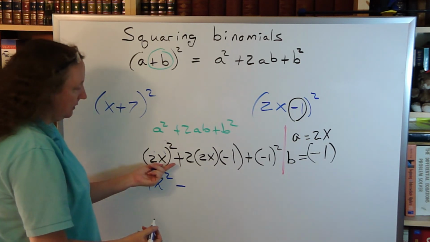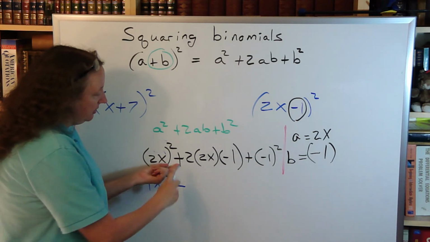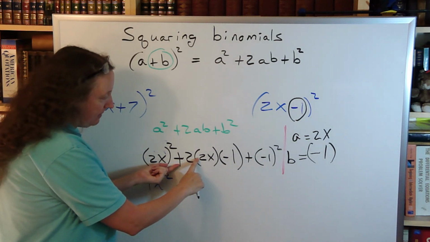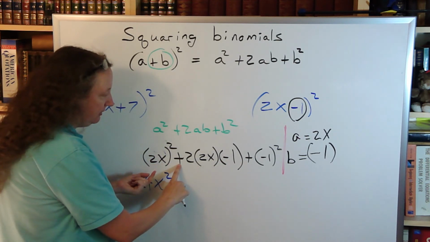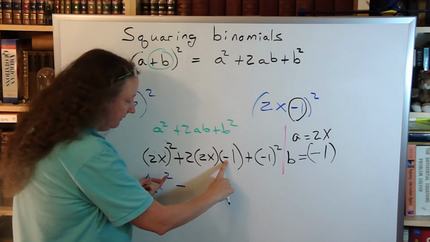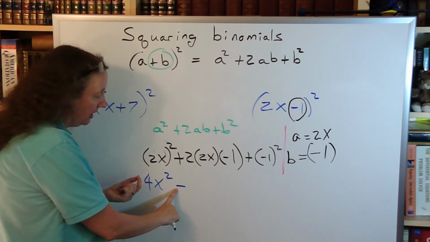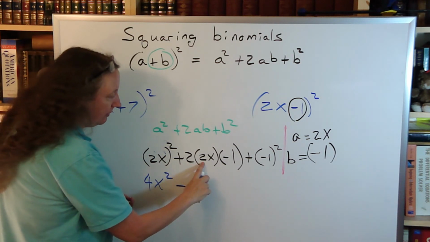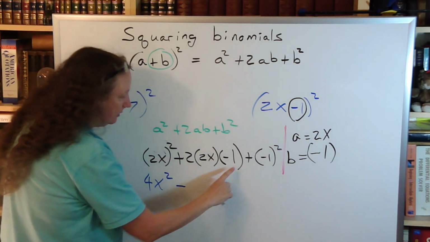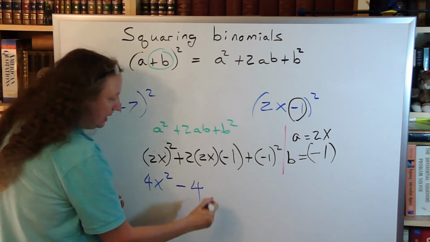Plus, I'm going to hold off on my sign for a moment. I have a plus here, a positive there, and a negative there. So I have a positive times a negative will give me a negative. So this is going to be a minus sign here. Then I have 2 times 2 times 1. That gives me 4. Carry down my 1x that I have there.